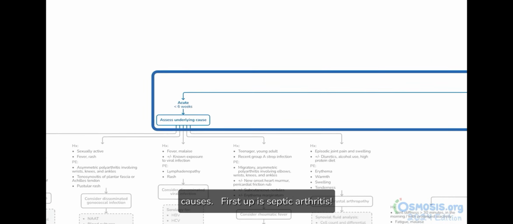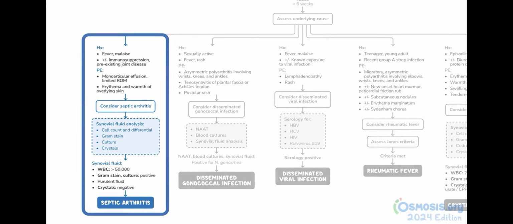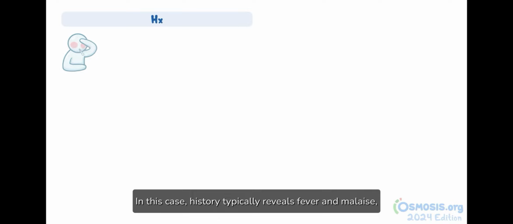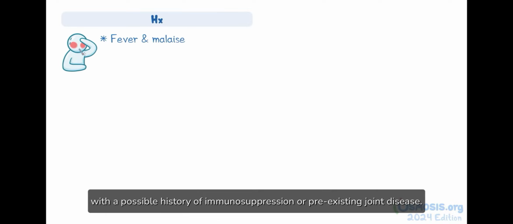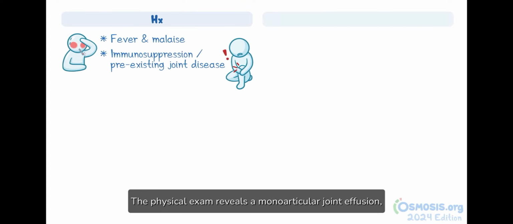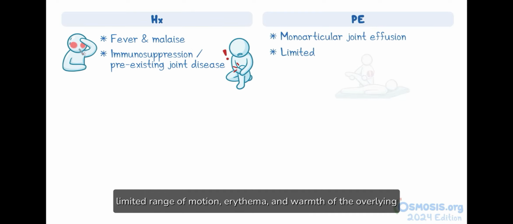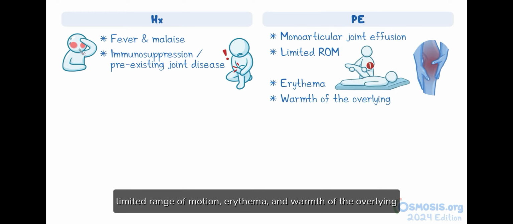First up is septic arthritis. In this case, history typically reveals fever and malaise, with a possible history of immunosuppression or pre-existing joint disease. The physical exam reveals a monoarticular joint effusion, limited range of motion, erythema, and warmth of the overlying skin.